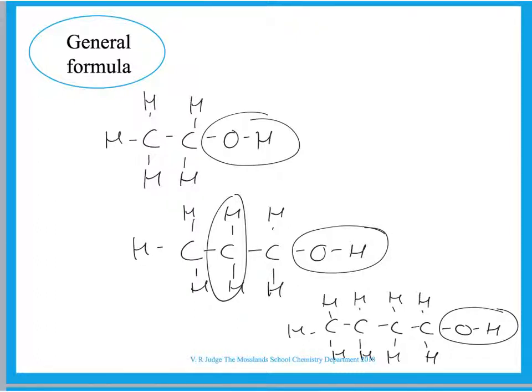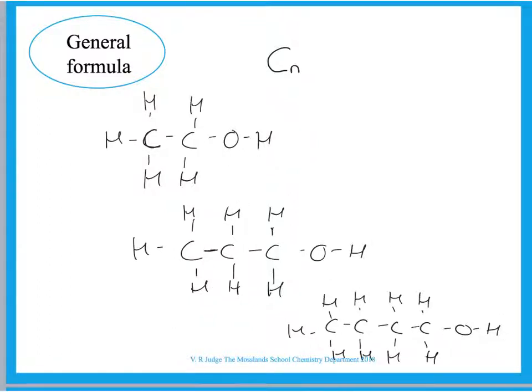You can write an algebraic expression to show what the formula of that would be. And we do it by saying, for a certain number of carbons, how many hydrogens and other things do we have? So for a certain number of carbons, we write that as Cn, and then you can write the rest. If you look at each of these alcohols, let me just get rid of some of these lines. Okay, that's better.